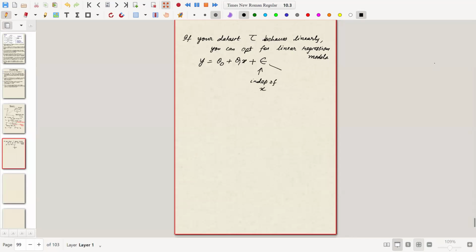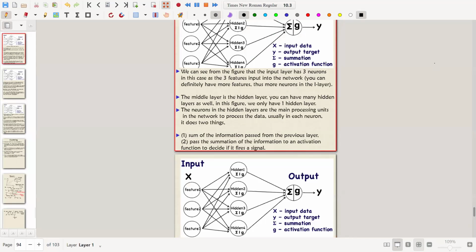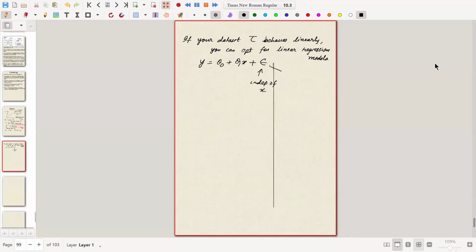The important thing is that since this noise is added, this is a random noise and should have a zero mean. Why zero mean? That is more sophisticated.